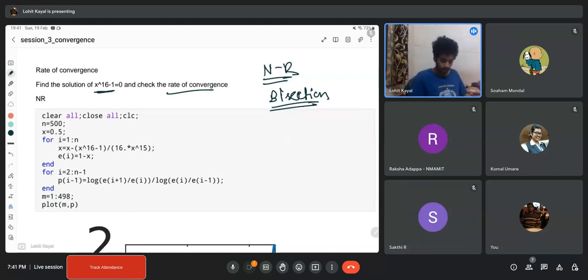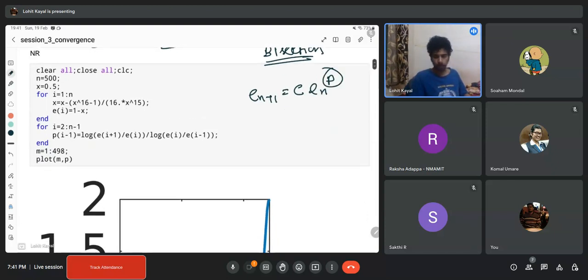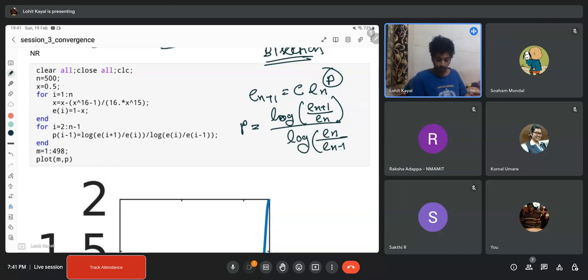Suppose en plus 1 equals some constant c into en to the power p, then what will be the value of p for different methods? It will be log of en plus 1 by en divided by log of en by en minus 1. Okay, so this will be your formula.